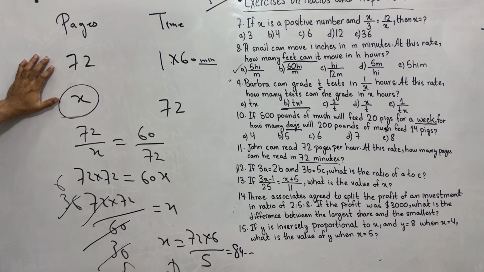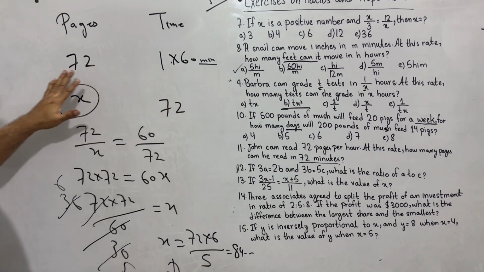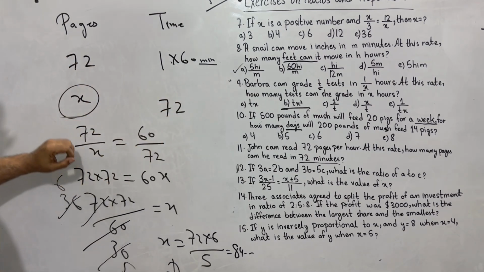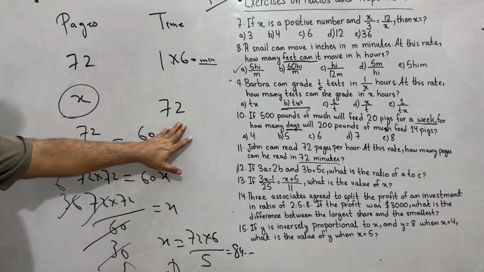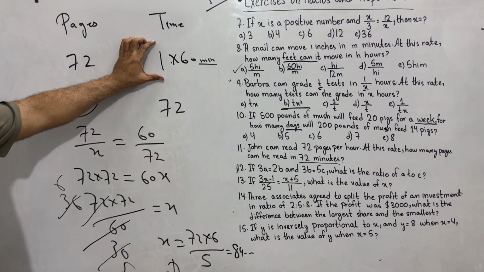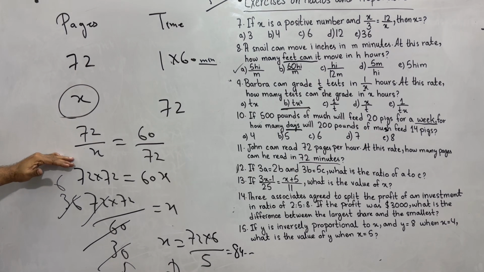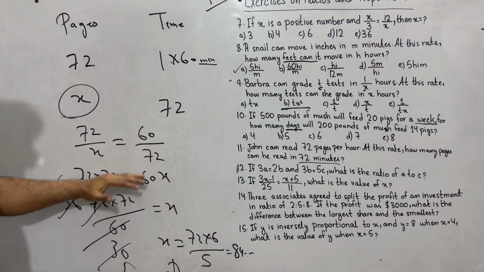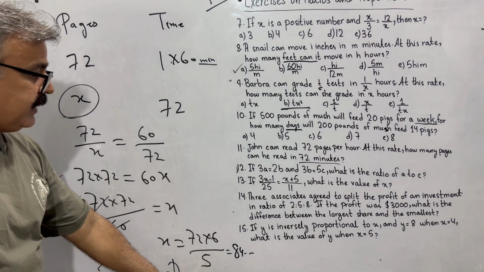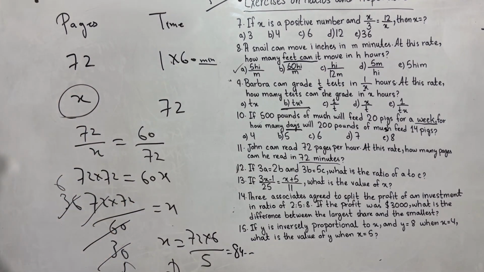I have converted hour into minutes by multiplying 60. Direct ratio, 72 over x is equal to 60 over 72. Solving for x, it is the number of pages he can read in 72 minutes.